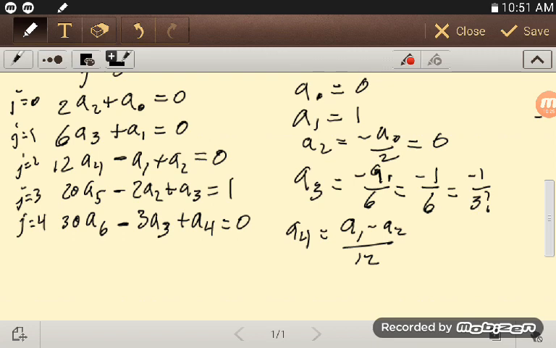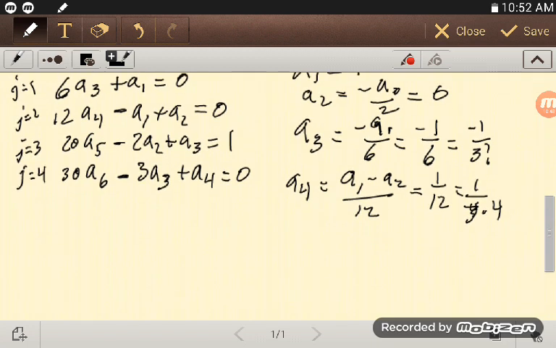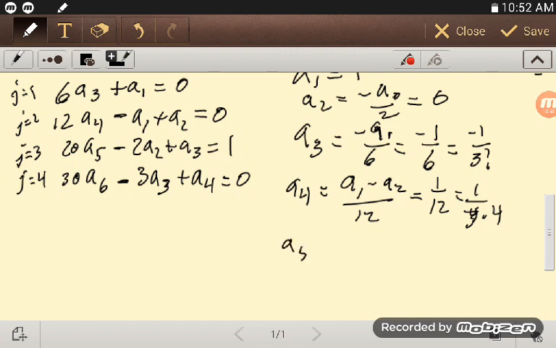Well, A2 was 0, so this is just 1 over 12, which is equal to 1 over 4 times 3. So maybe that's good to write it as, or 3 times 4, but I don't know. Then we can go to A5.